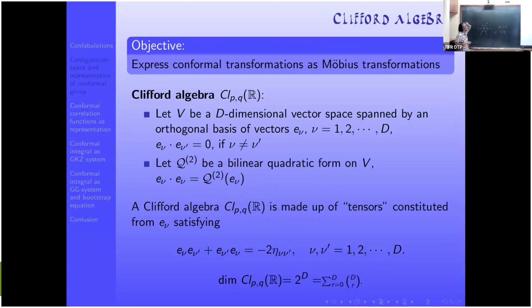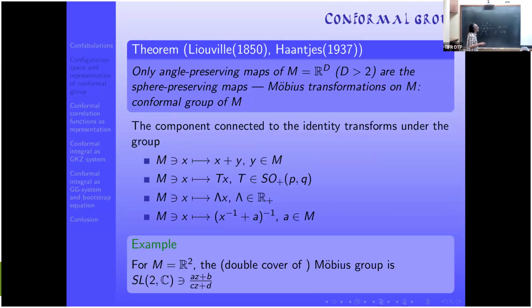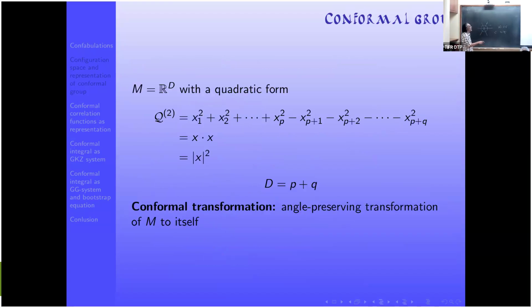Yeah, so a very brief introduction to simply the jargons. A Clifford algebra is typically denoted with two numbers, PQ, the same PQ as I wrote down earlier. It is a D-dimensional vector space spanned by an orthogonal basis. That is, I take e_mu as the basis elements, and the dot product is 0 if they're not equal, and if they're equal, then I have the square of e_nu, which I identify with the same quadratic form that I wrote here.